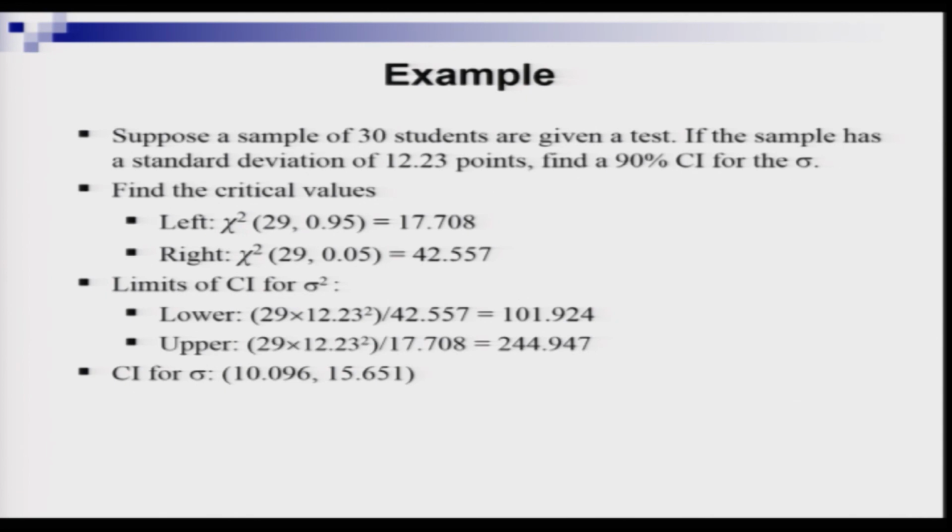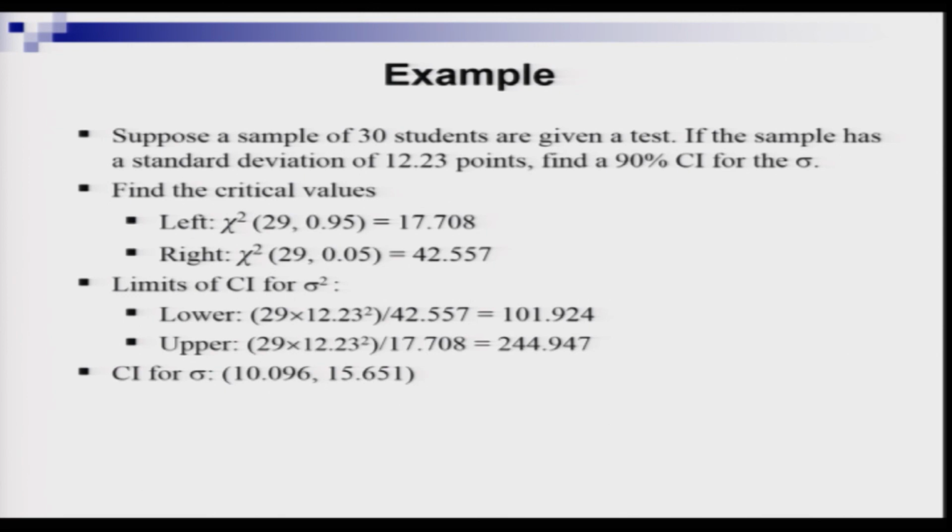Basically, for the left critical value, the value is from the chi-square table where degrees of freedom is 29 and alpha is 0.95. Why is it 0.95? Because you remember we were discussing 1 minus alpha divided by 2.